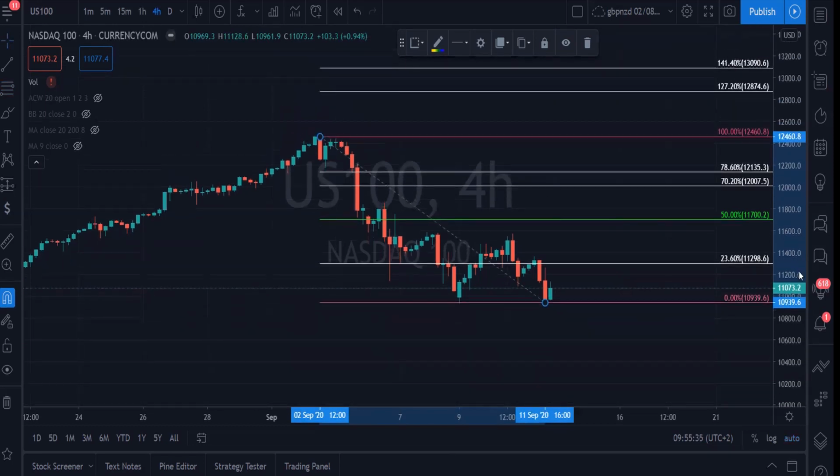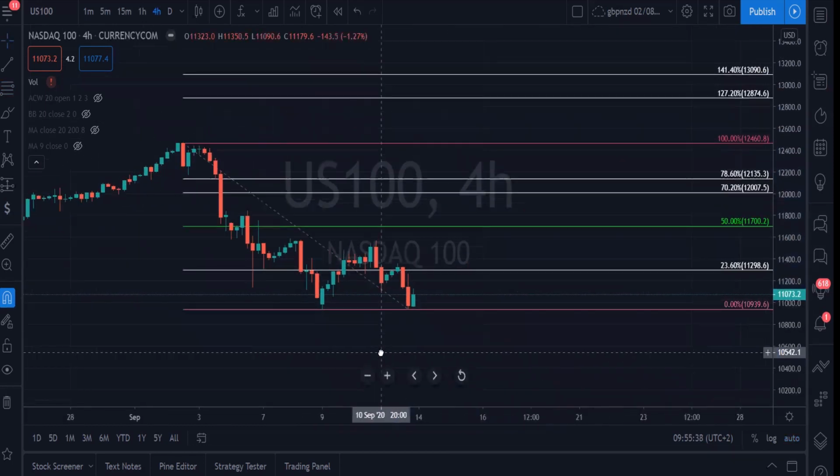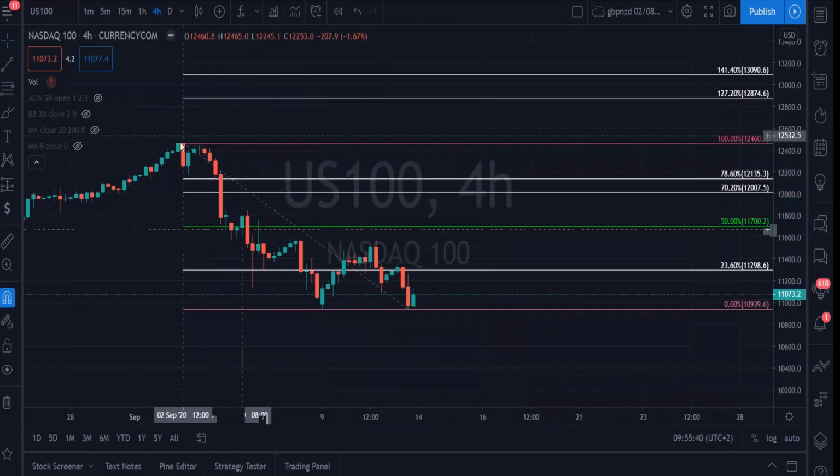Okay. Right, so looking at the highest point that we have on a 4-hour time frame for NASDAQ 100, we found that on the 2nd of September, at about, let's correct this time, it's 9:55 now, that's UTC+2. So on the 2nd of September at 1200 hours, that was the highest point, which was NASDAQ around 12,470, okay?